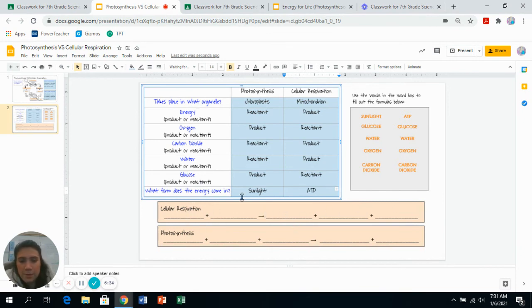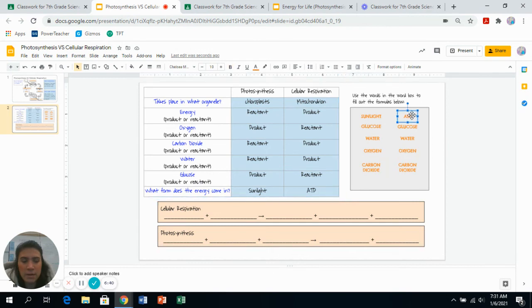So for cellular respiration, we can go up here, and we know that a product is going to be the energy, and it comes in the form of ATP. So we're going to take this and bring it down to that product side, that right side. Now we're going to go down this line. Oxygen is going to be a reactant, and that's going into cellular respiration. So we are going to take that oxygen, and we're going to put it on that left side.